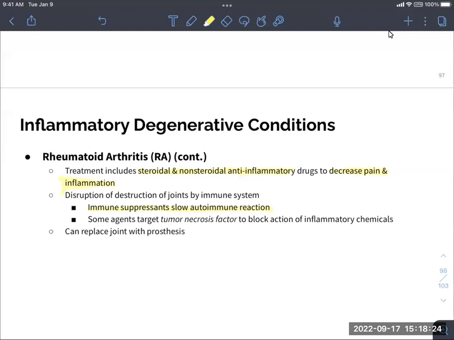We want it to stop attacking those joints. So if we suppress that immune system, it calms it down. Tumor necrosis factor is actually shown to block some of the inflammatory chemicals from rheumatoid arthritis. And if it gets bad enough, they may even replace the joints with some kind of prosthesis.